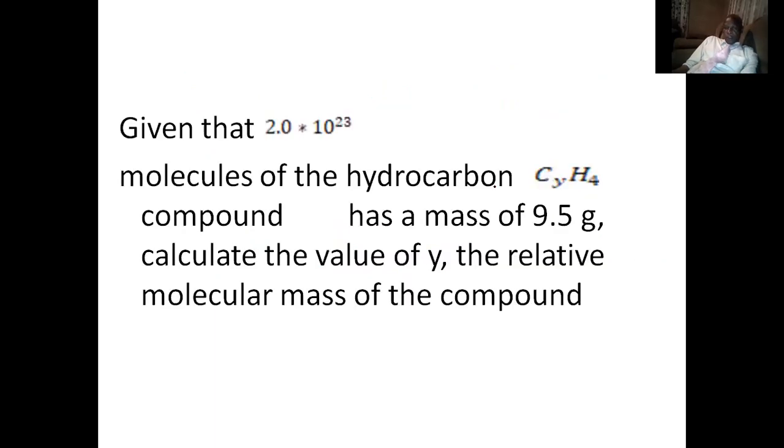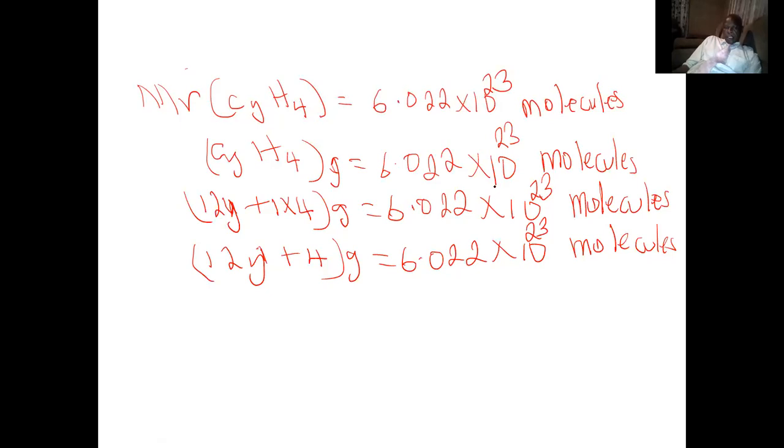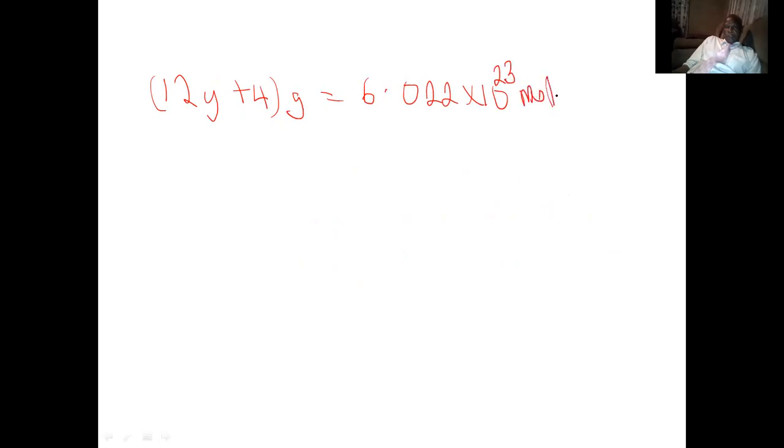And so here we are given that 12y plus 4, which is the relative molecular mass, should be equal to 6.022 times 10 to the power 23 molecules.